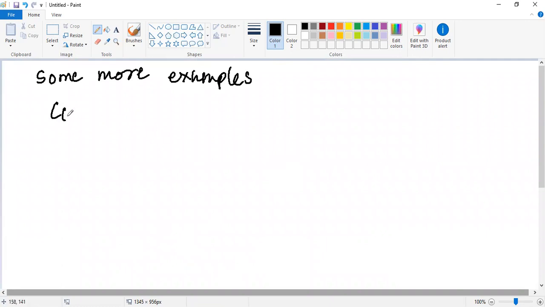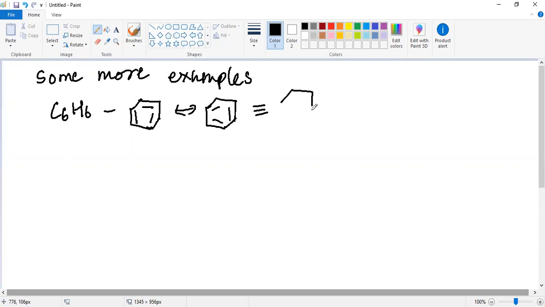This C6H6, or this substance, which simply leads to this, is what we call benzene.